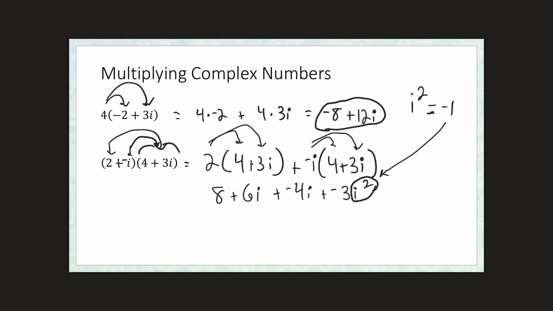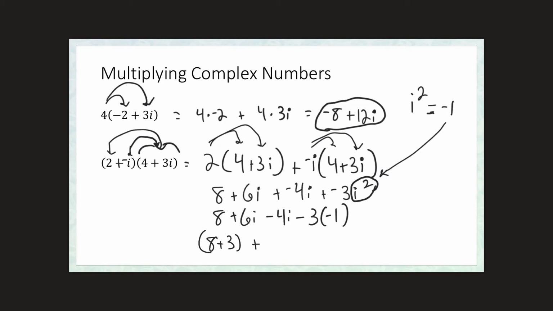So let me just rewrite that part. 8 plus 6i minus 4i minus 3 times negative 1. So now we don't have an i squared anymore, but we just have a negative 1. We can multiply that by 3 to get that to be positive 3. So let me add together the real numbers first. So 8 plus 3, that will be our real part.